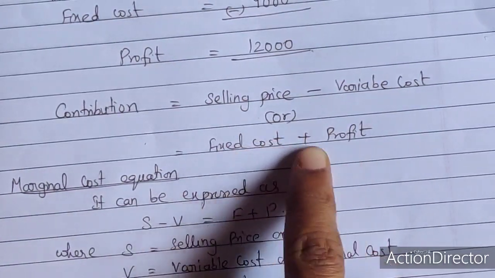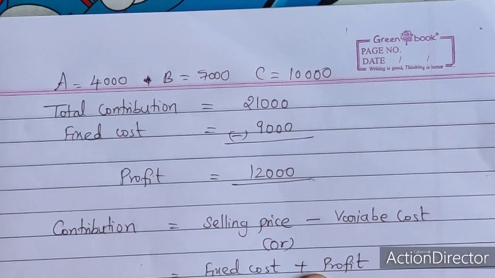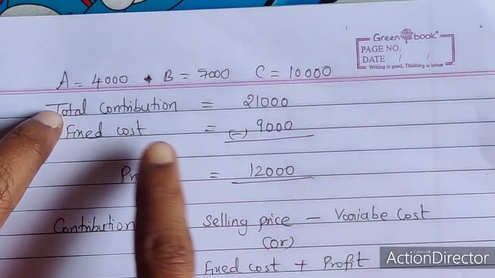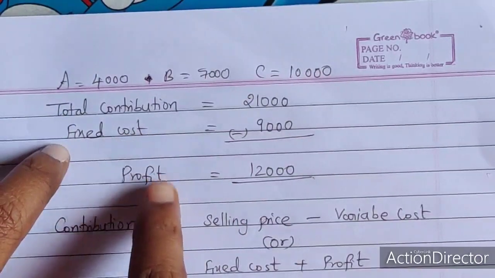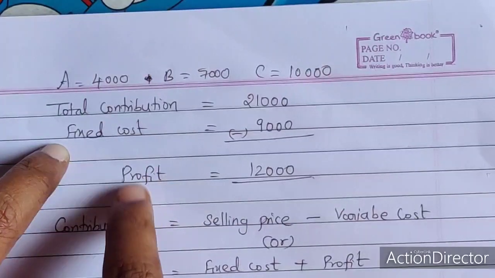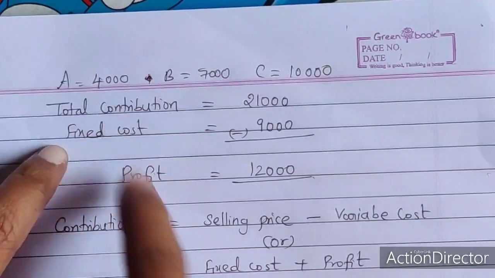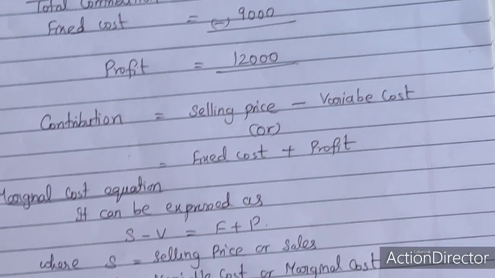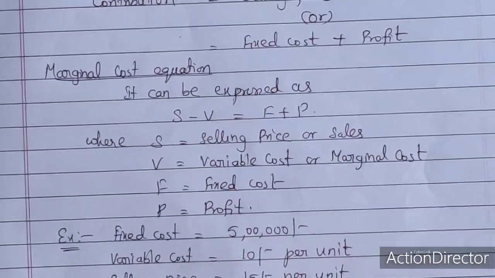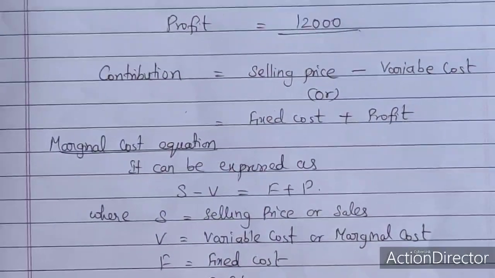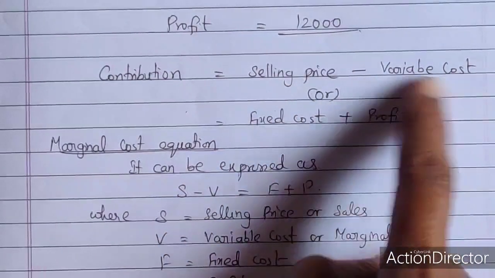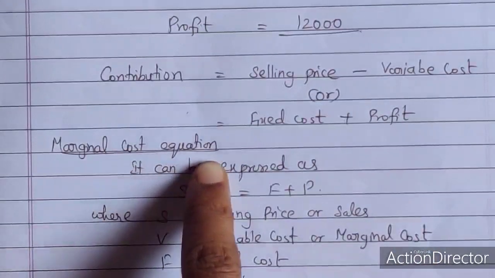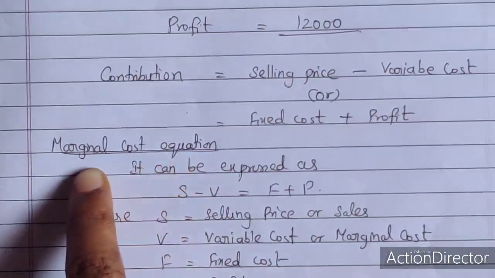Or we can also calculate like this: total contribution is equal to fixed cost plus profit. By using these two formulae, selling price minus variable cost or fixed cost plus profit, we get the marginal cost equation.